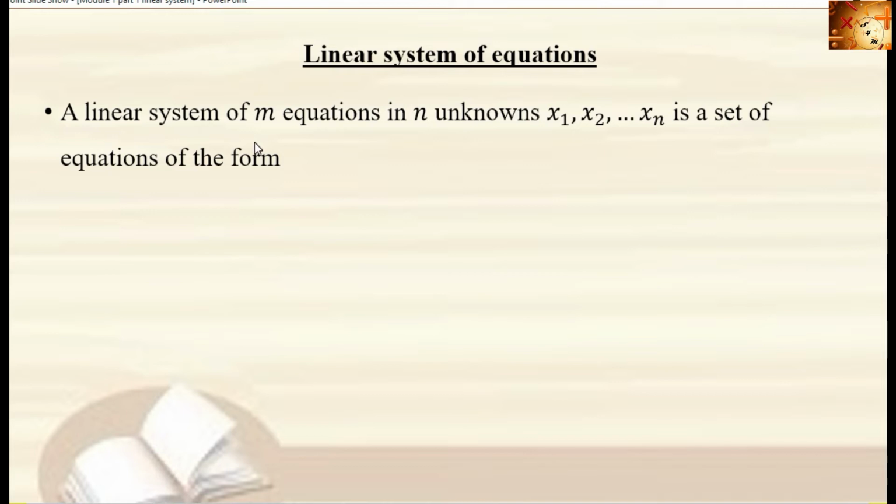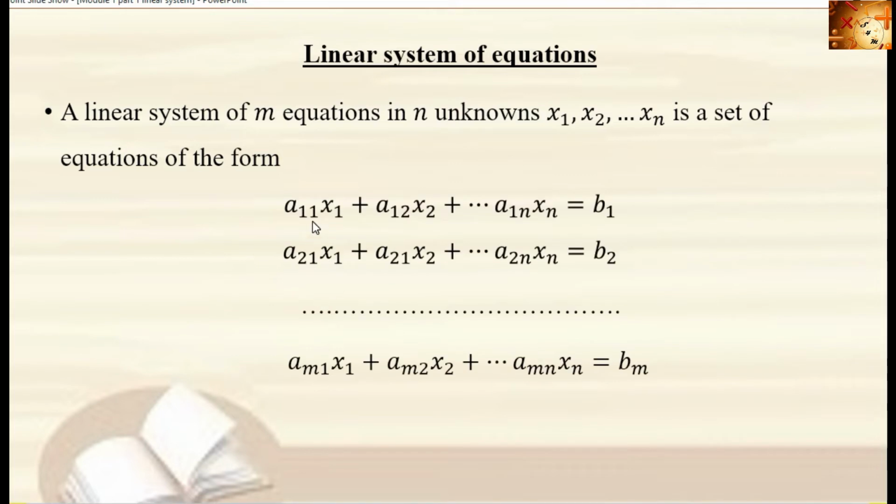A linear system of m equations in n unknowns, that is x1, x2, etc. xn, is a set of equations of the form like this: a11x1 plus a12x2 plus etc. plus a1n xn equal to b1, a21x1 plus a22x2 plus etc. plus a2n xn equal to b2, etc. am1x1 plus am2x2 plus etc. plus amn xn equal to bm.